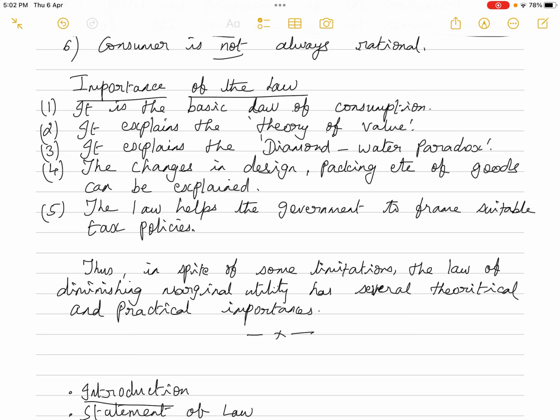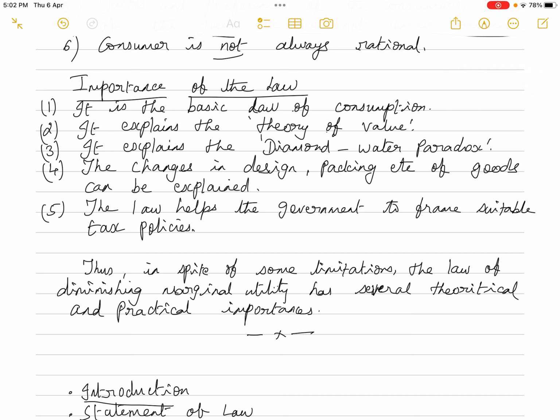The law says that if a person has more of a particular commodity, the satisfaction will keep on decreasing. So the government has taken a direct example of this. If a person has more and more income, then his satisfaction might be less. So why can't we take that extra income from the person by levying more and more tax? That's why, higher the income, higher the tax. So that tax policy is directly related to the law of diminishing marginal utility.